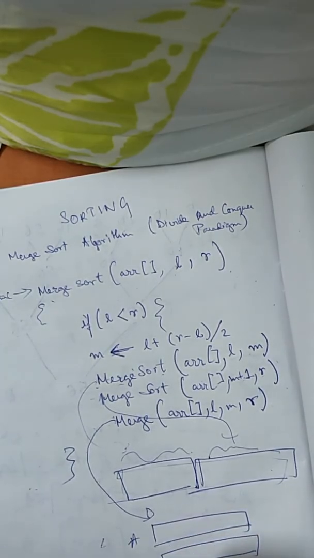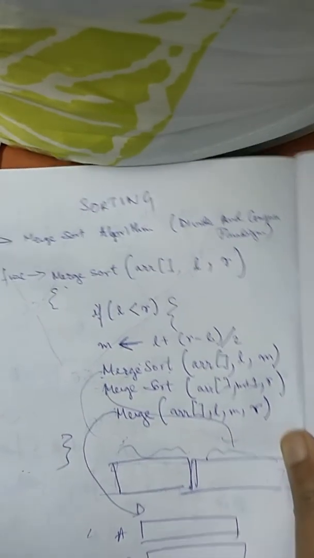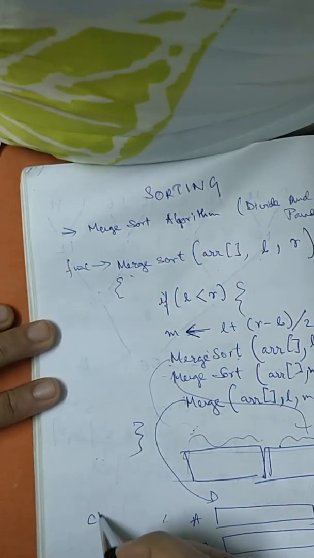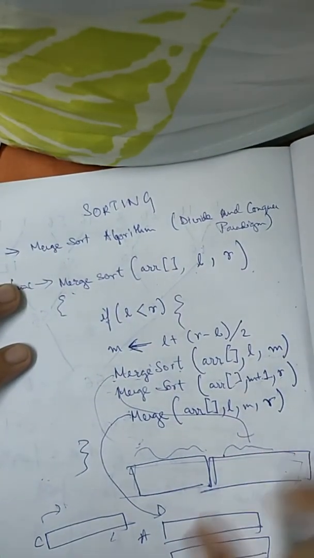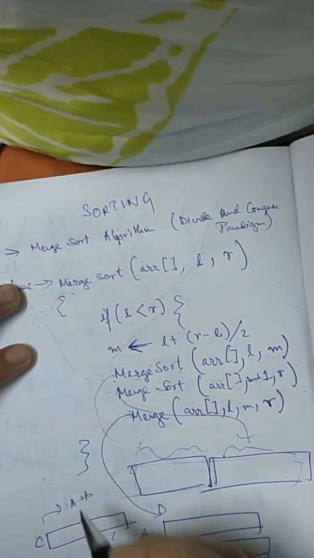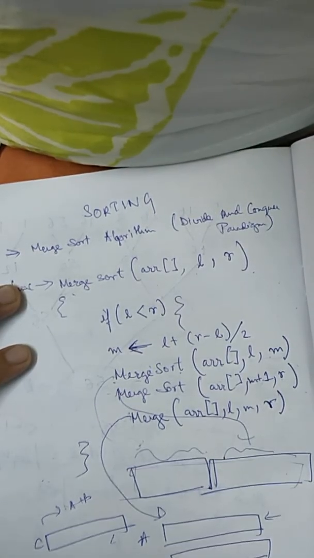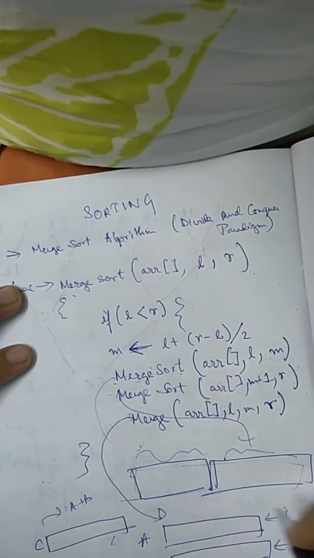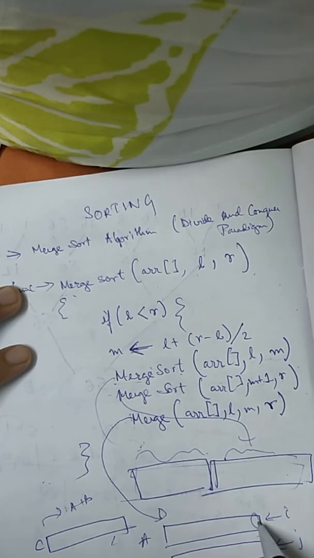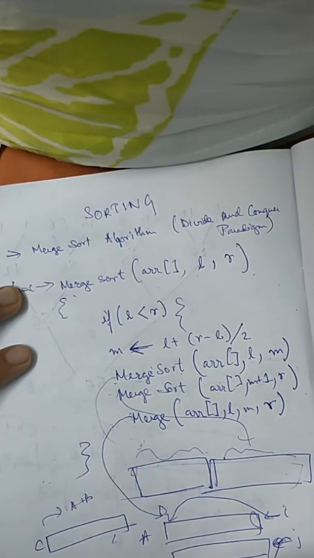Suppose we have an array A and an array B, and we need to make the sorted array C such that C is sorted and is A plus B. So how do we do that? Let's say we are sorting in increasing order.